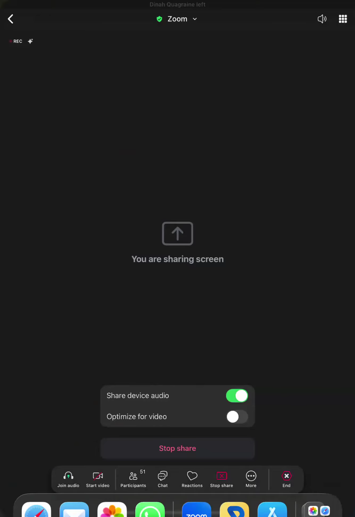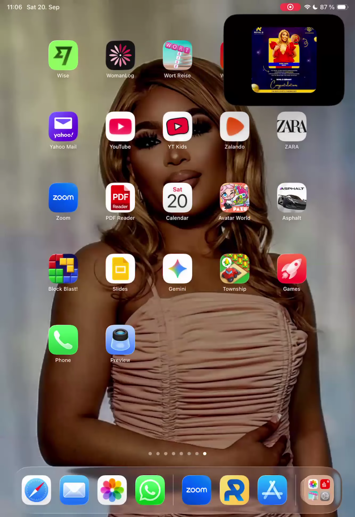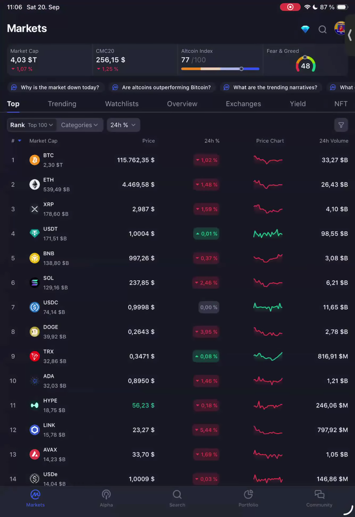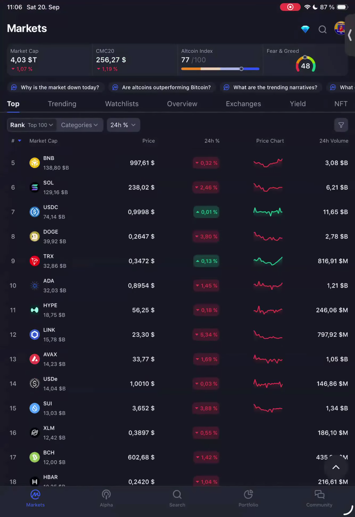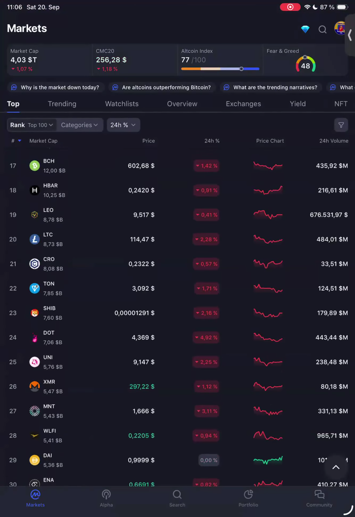We have an app we call CoinMarketCap. All right, so these are cryptocurrencies ranked in the top 100. If you want to trade a coin on cycle, it's best to pick the top 20 or top 30 among these coins.